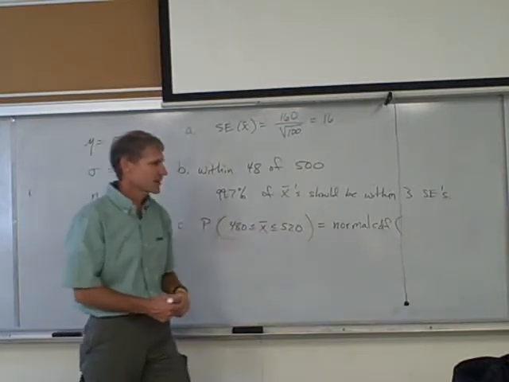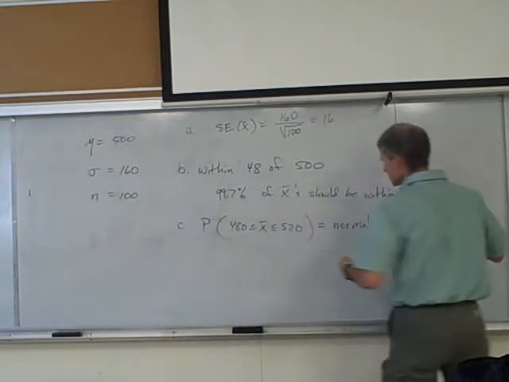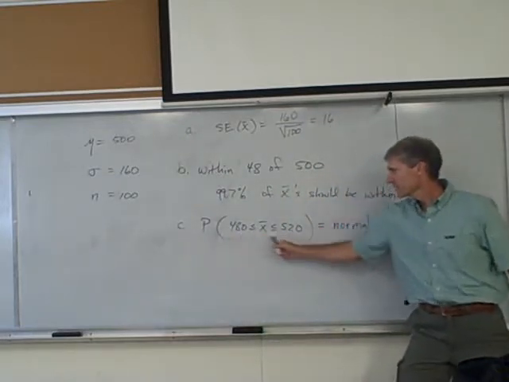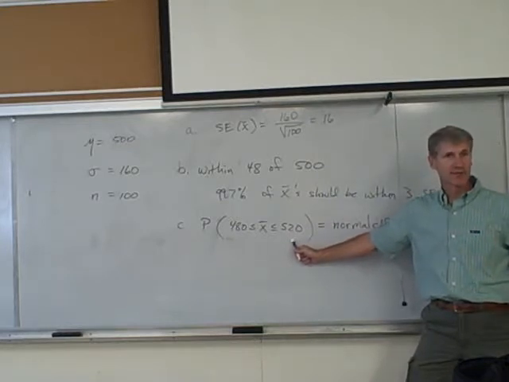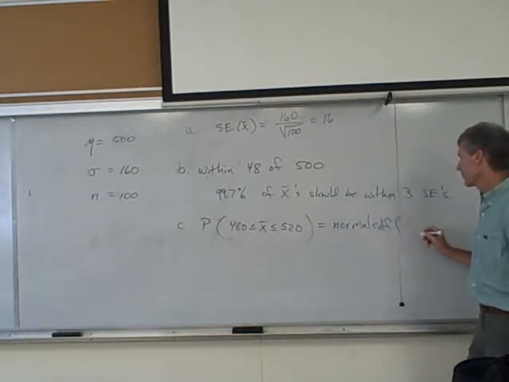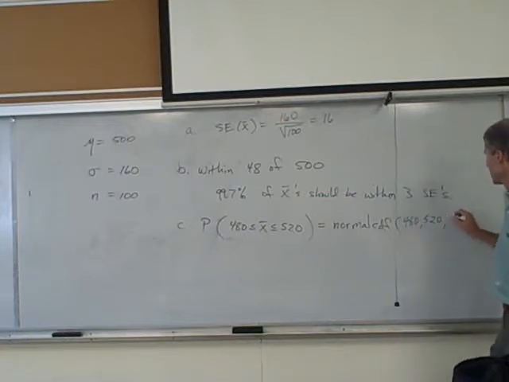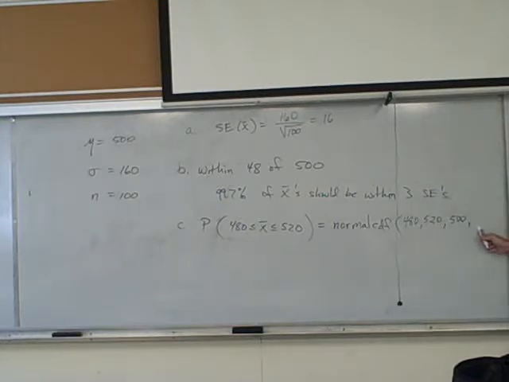So what do I put into my normal CDF function? Left and right. Well, here's my left, there's my right of the interval I want the probability for. So 480 to 520. Mean is 500. And the standard deviation, do I put 160? Hint? No. What do I put? Standard error.